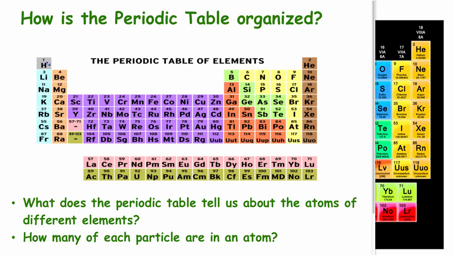So we see hydrogen has a 1 there, helium has a 2, lithium has a 3, beryllium has a 4, boron has a 5, carbon has a 6, and nitrogen is 7, and so forth. All of these numbers count up in order.